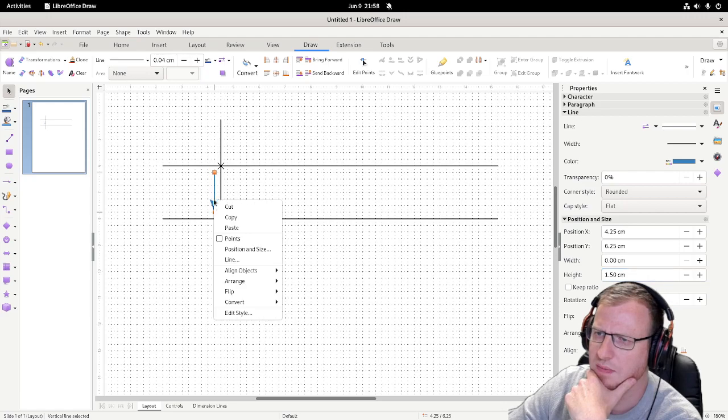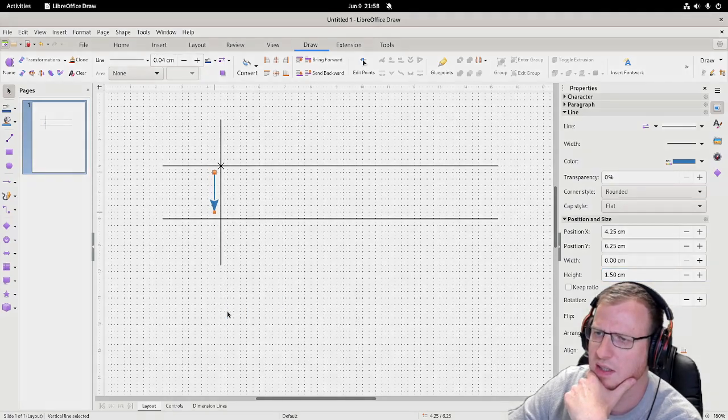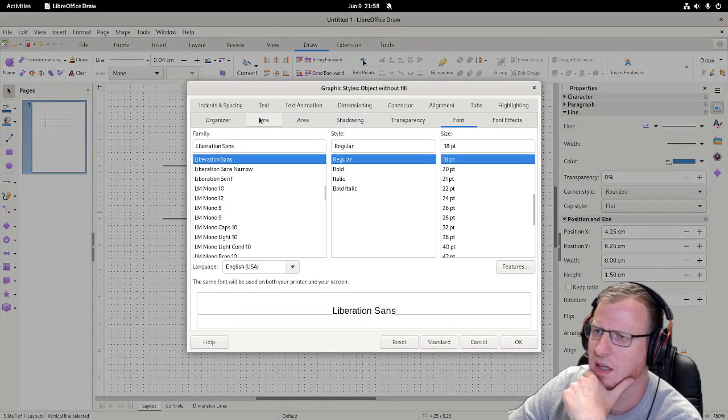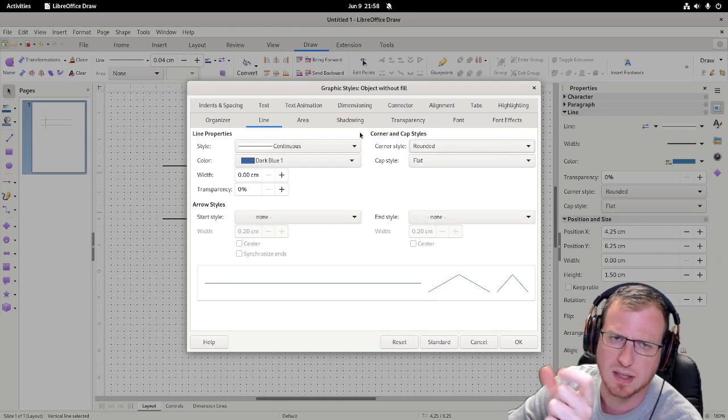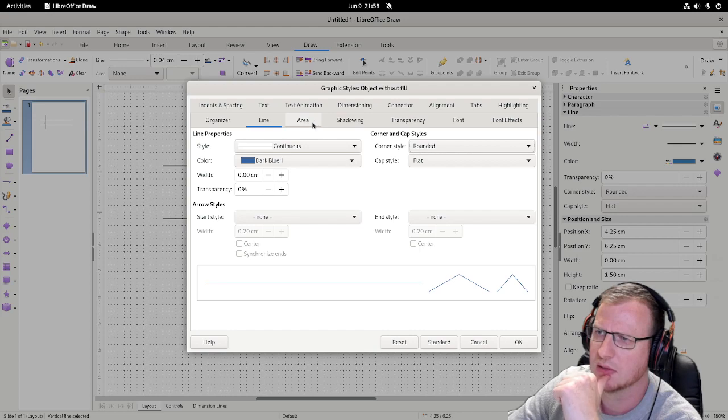How can I use this style? Here I think I can change the line.